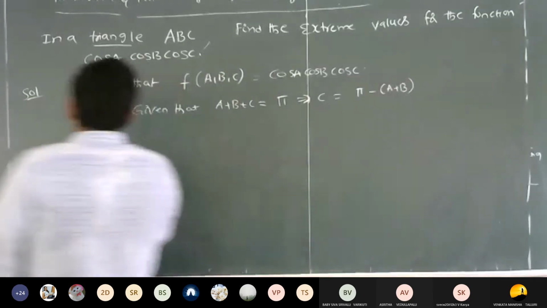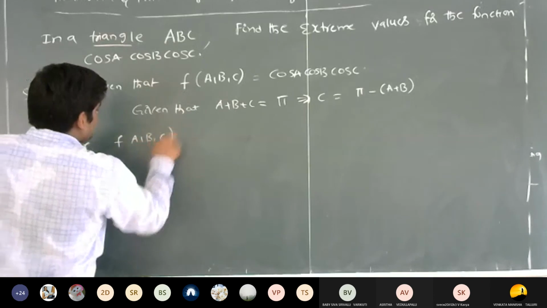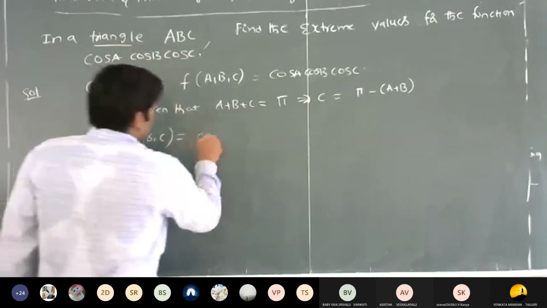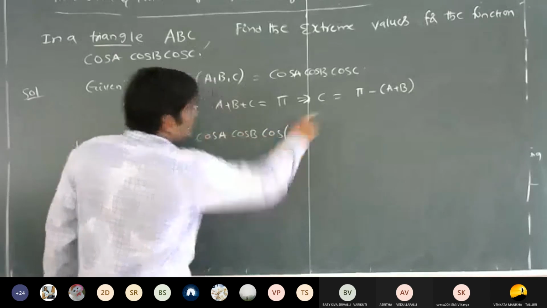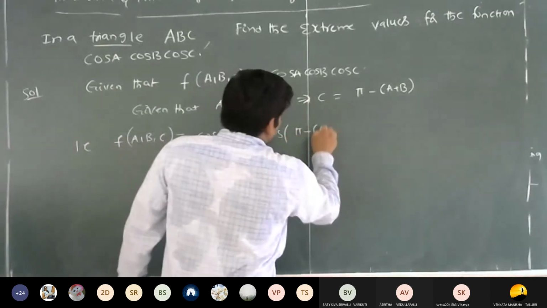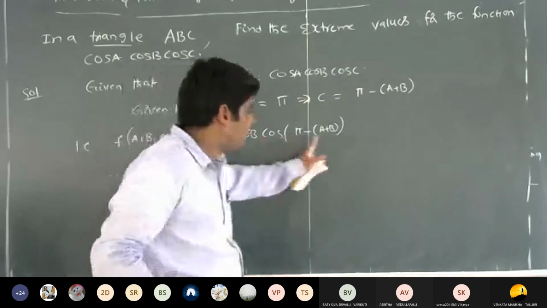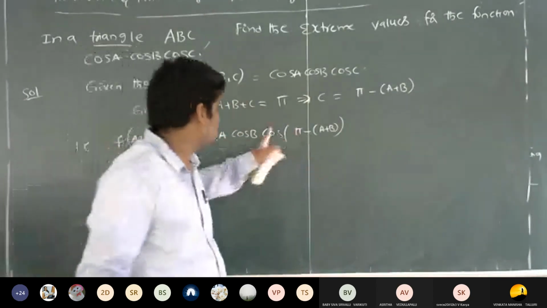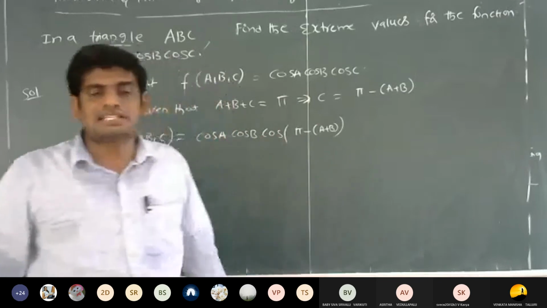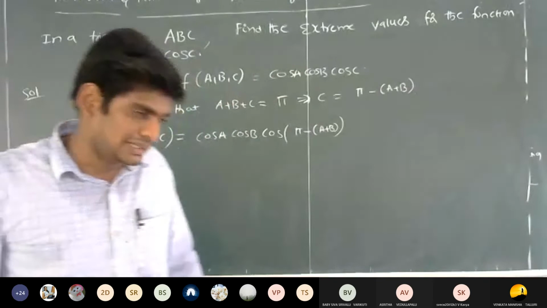So f of A, B, C is equal to cos A cos B cos C. What is C? C is pi minus (A plus B). So cos of 180 minus theta. What is the value? It is in what quadrant?